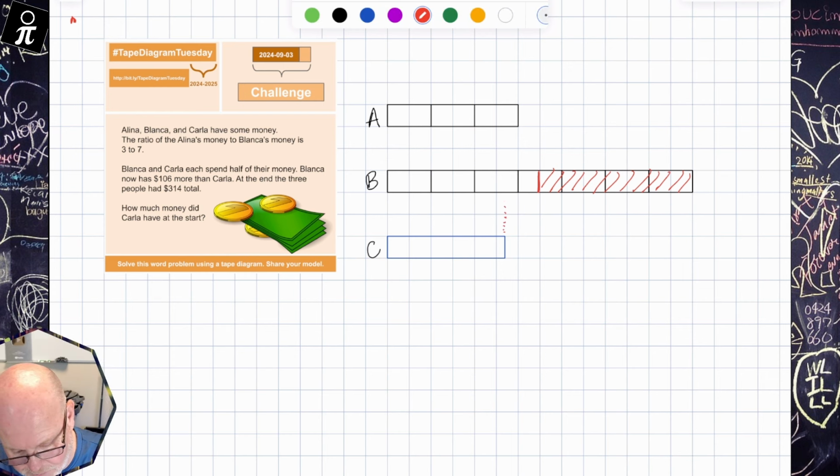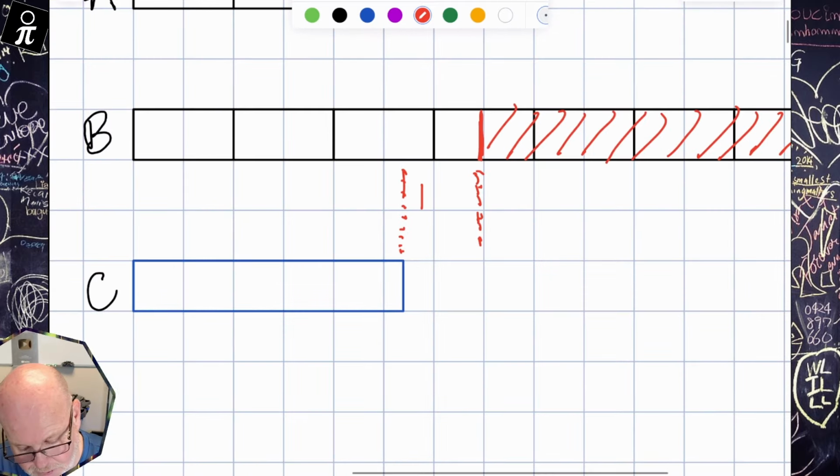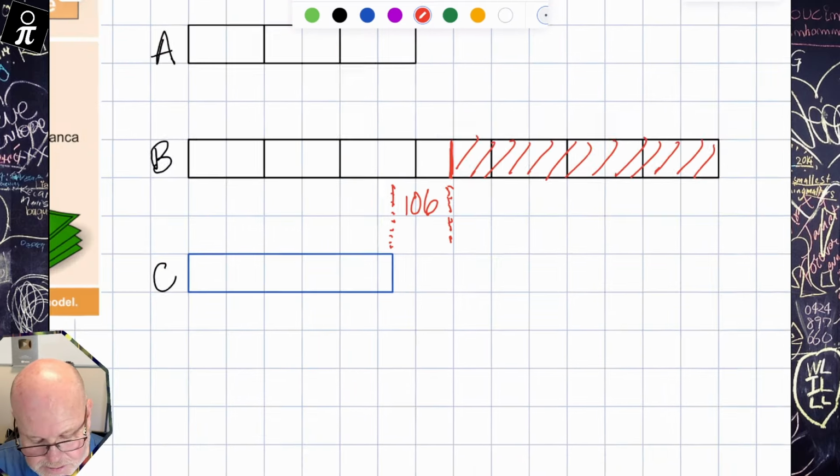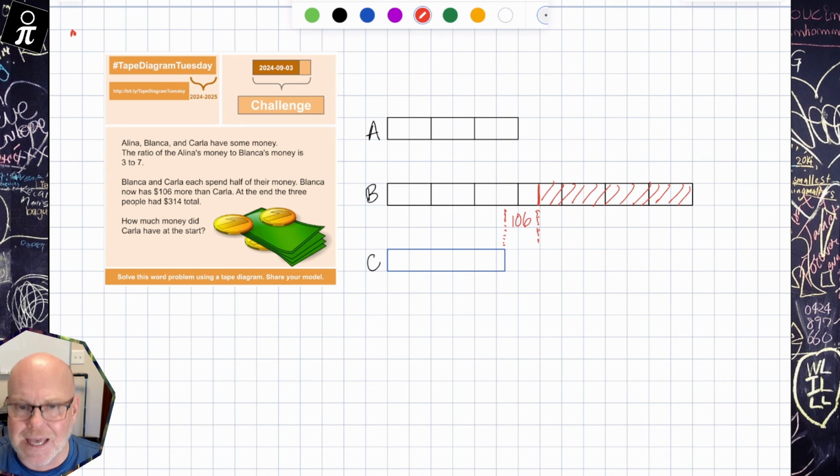Okay, so Carla, I don't know how long her bar is going to be after she spent half of her money, but I'm just going to say that this is good enough. So from here to here represents the $106 that is the difference between Blanca and Carla after they've spent their money. Now, at the end, they have $314 in total.